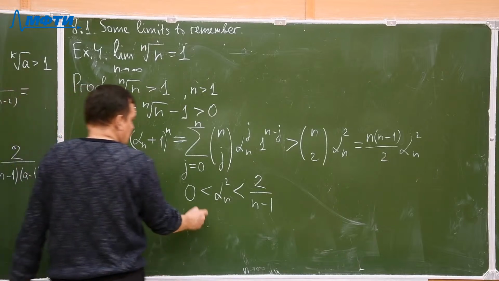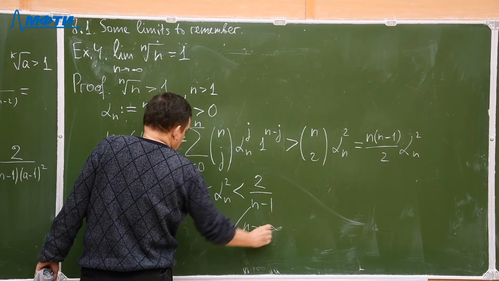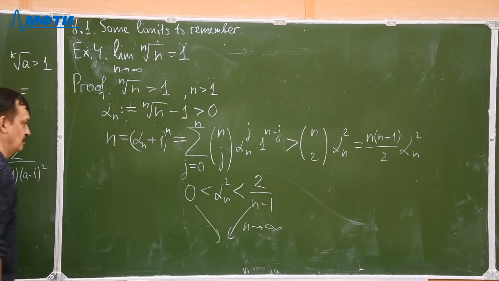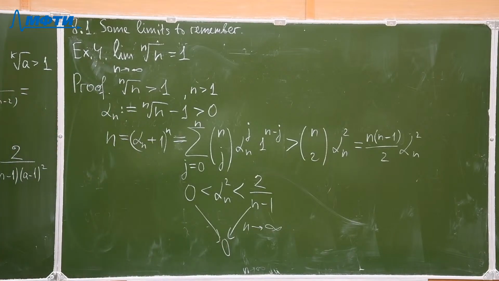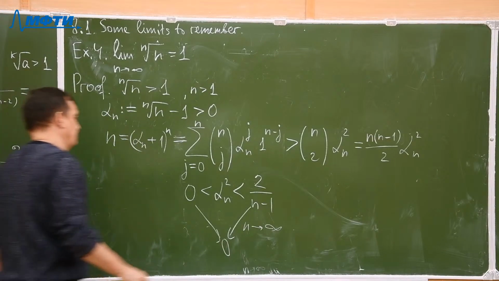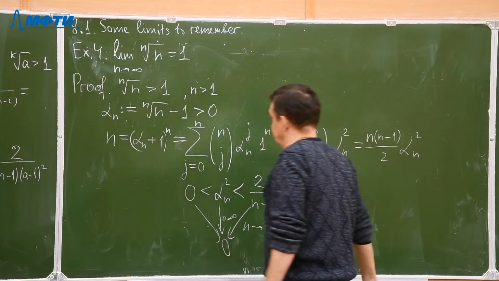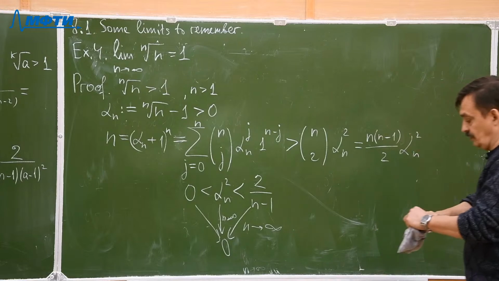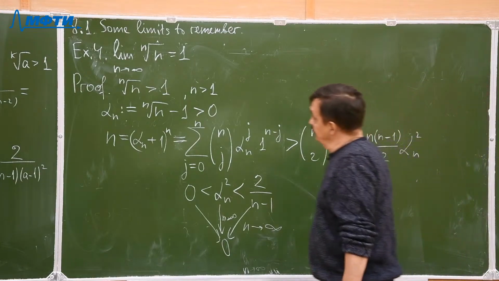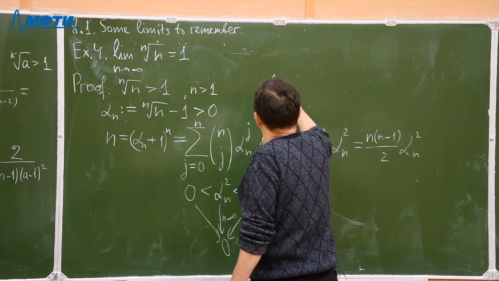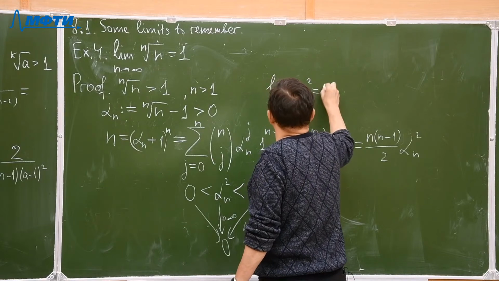Again, by the two policemen theorem, both sequences tend to 0, hence alpha n squared tends to 0 as well. So we have proved the limit as n tends to infinity of alpha n squared equals 0.